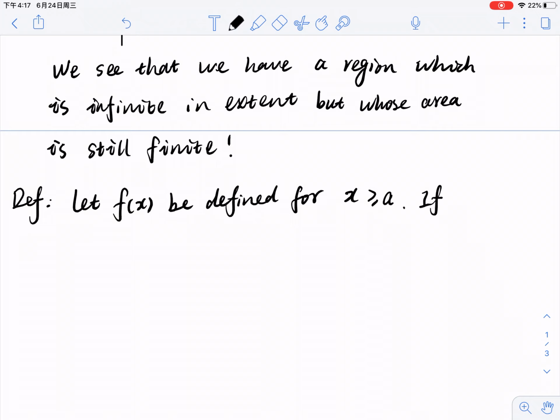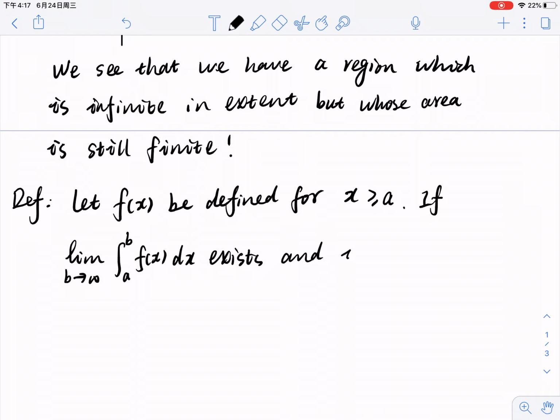If the limit of the integral of f(x) from a to b as b goes to infinity exists and is finite, we say the integral of f(x) from a to infinity converges.